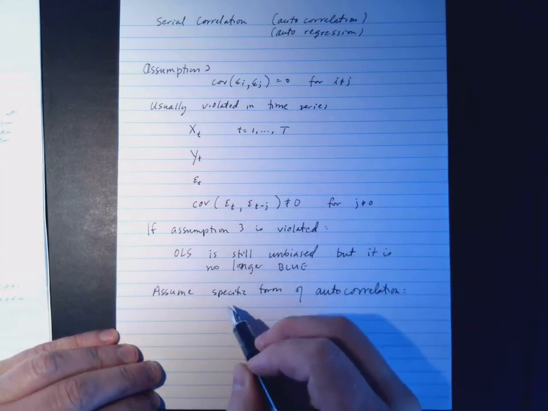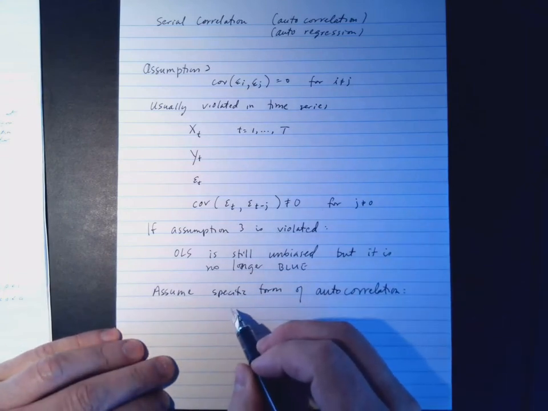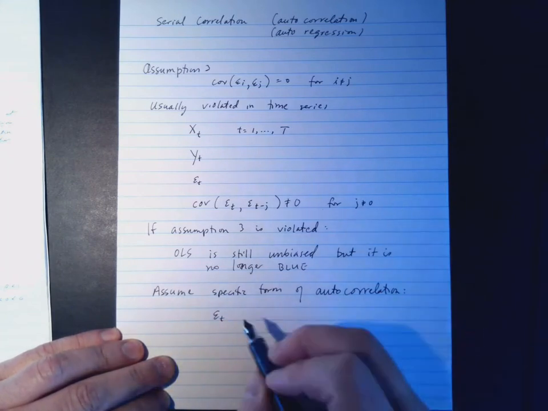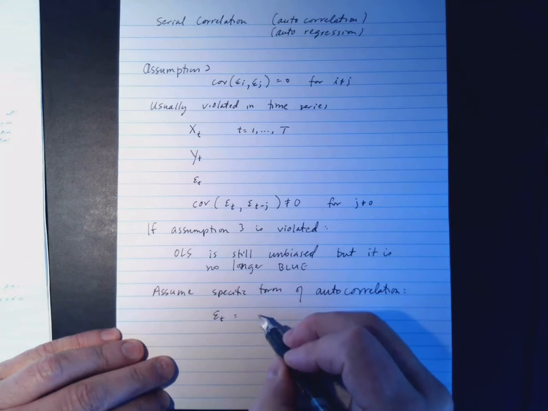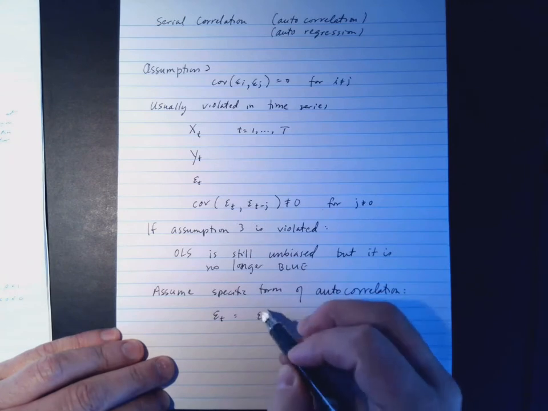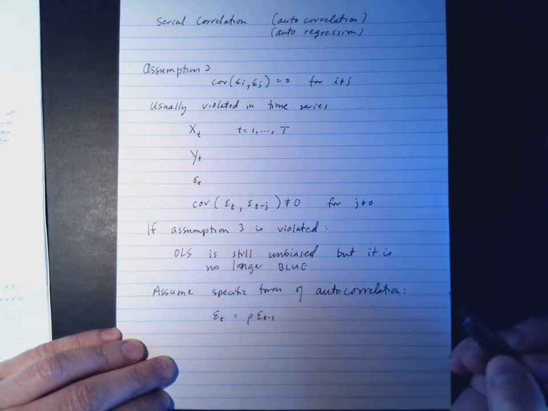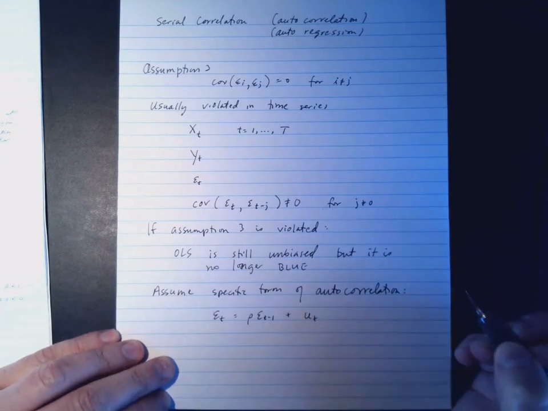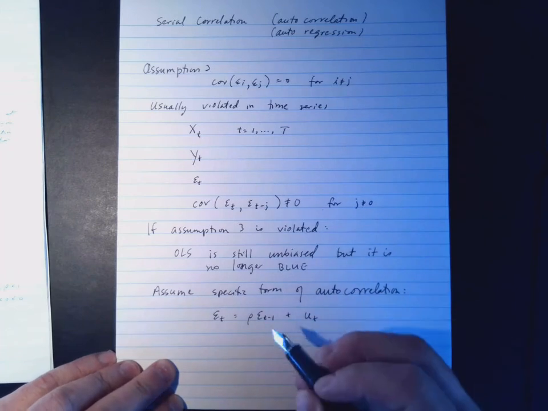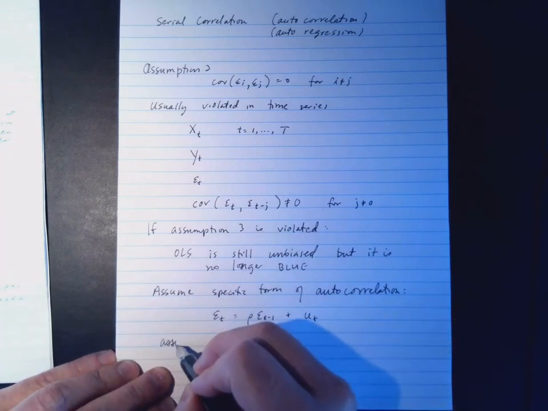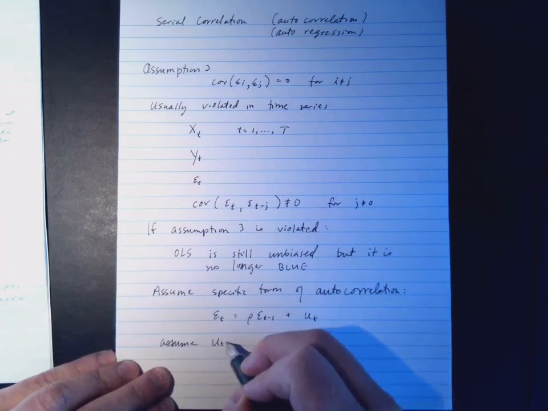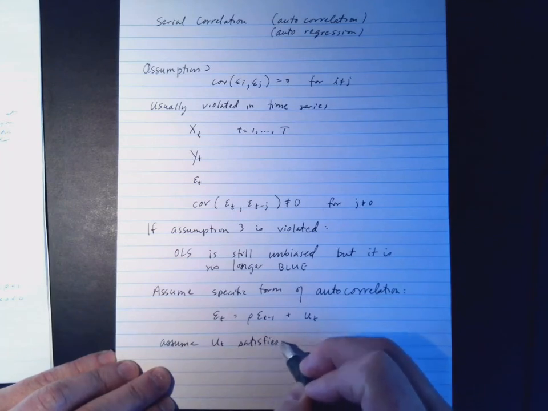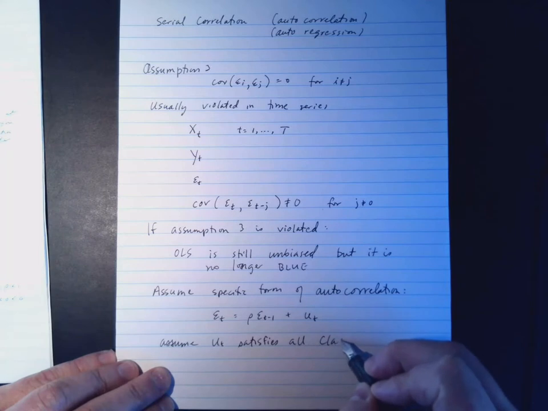We are going to suppose that the error term at time t is equal to the error term at time t minus 1 times a coefficient we'll call rho, plus another random variable, u. And we will assume that u is the part that satisfies all the classical assumptions.